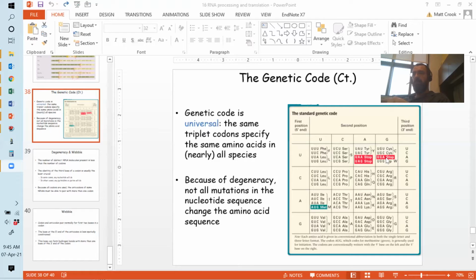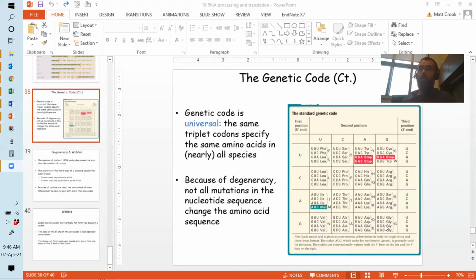If that third base in the tryptophan codon up here on the top right, UGG, wasn't important, then you could potentially end up with a stop or a cysteine instead. But with glycine, it doesn't matter what that third base is, because all 4 of those third base letters equal glycine.